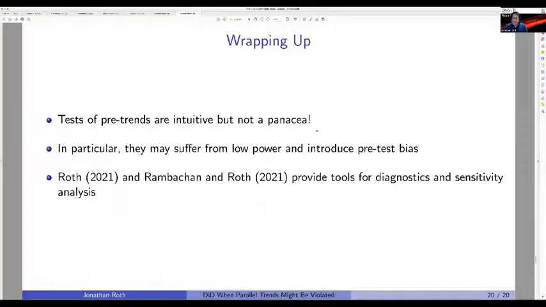So in addition to just statistically testing for parallel trends or doing these sensitivity analyses, I'd encourage people to bring in economic knowledge about why we think these groups are likely to be parallel, what economic factors might lead them to not be parallel, and what those violations of parallel trends may look like. I think combining that context-specific knowledge with these new tools for diagnostics and sensitivity will give the best and most credible finished product in diff-in-diff designs.